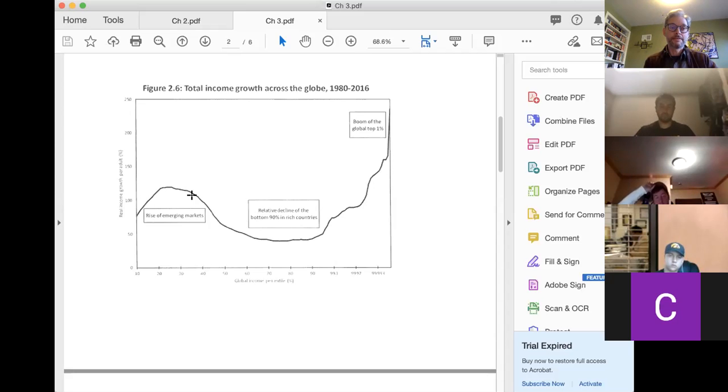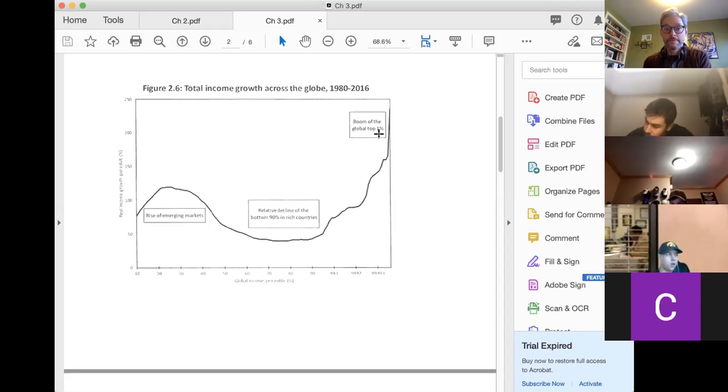Who are these people at the very bottom? Well, these are people that were living near extreme poverty, right? Largely, these are people who have lived in China and India, right? If we actually want to put a place to them, most of these people are Chinese and Indian. This has been a good 40 years for them, right? They've actually had high standards of living, or high increases in standards of living.